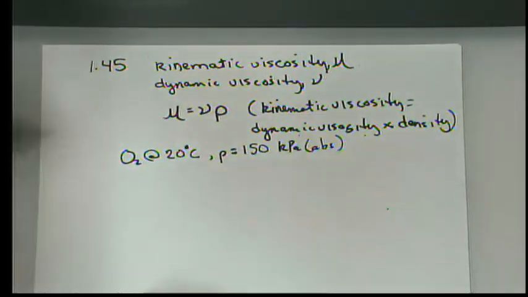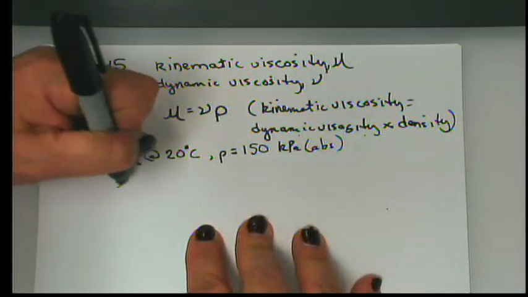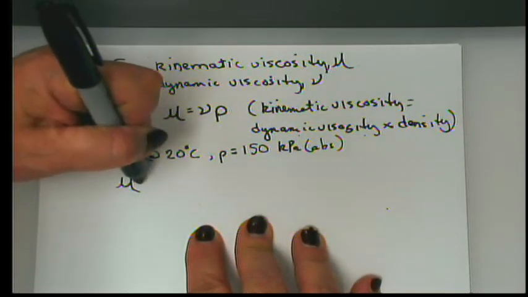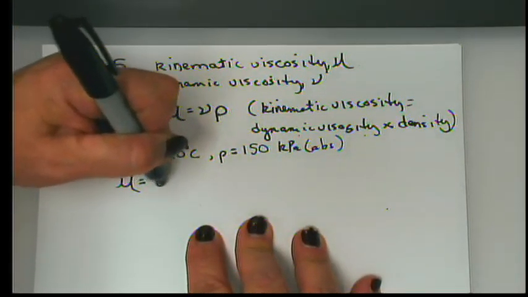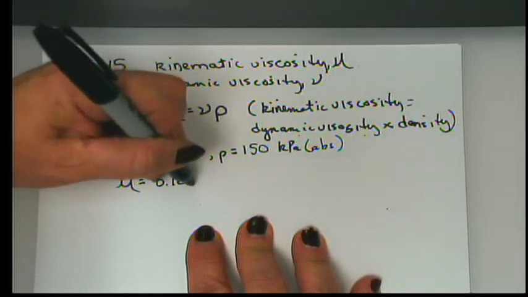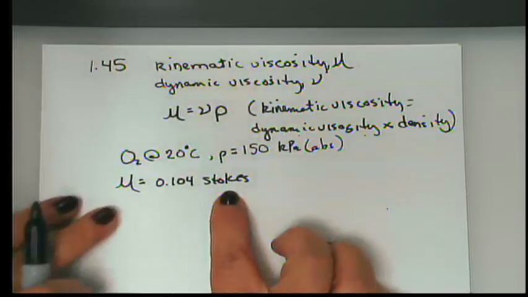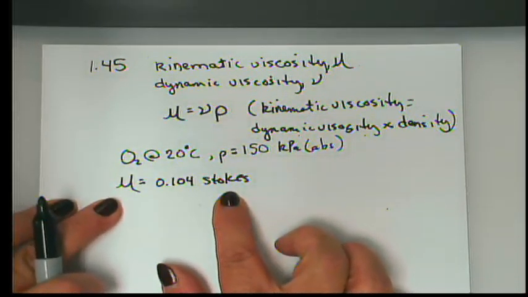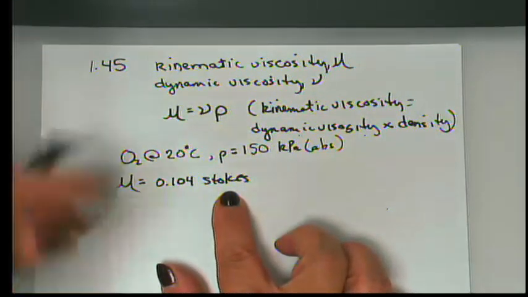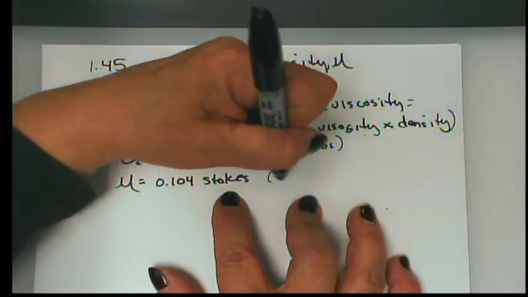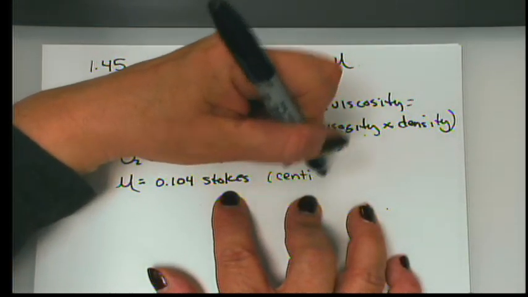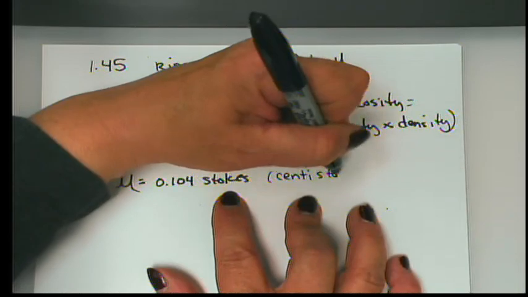It tells me that the kinematic viscosity is equal to 0.104 Stokes. Now the basic unit for kinematic viscosity is the Stokes, which is a huge unit, so it's often reported in centistokes.